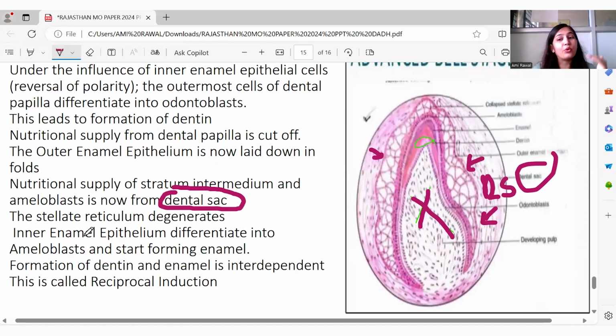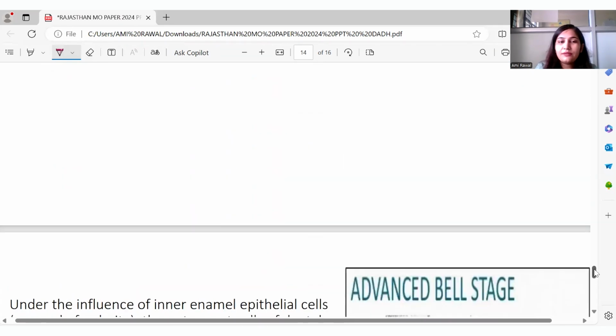This is known as reciprocal induction. Formation of dentin and enamel is mainly interdependent. Without formation of dentin, enamel cannot be formed, and without inner enamel epithelial cells, dentin cannot be formed because they send signals to the connective tissue cells, that is dental papilla, and form dentin. So what was our question here?